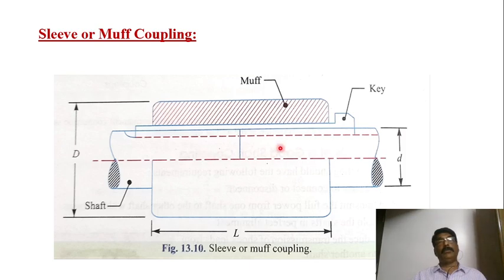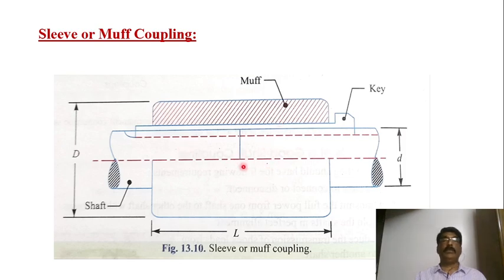These two shafts butt against each other in the middle of the muff, and a sunk key is driven through the shaft and the muff so that the two shafts are in perfect alignment. Now the power is transmitted from one shaft to the other through the key and muff.